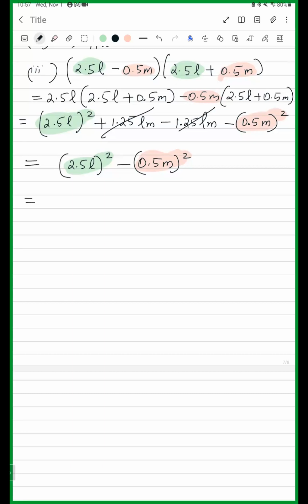I asked you to remember these squares and square roots. 6.25. Very good. So 2.5 square is 6.25L square minus 0.25M square. Your answer.